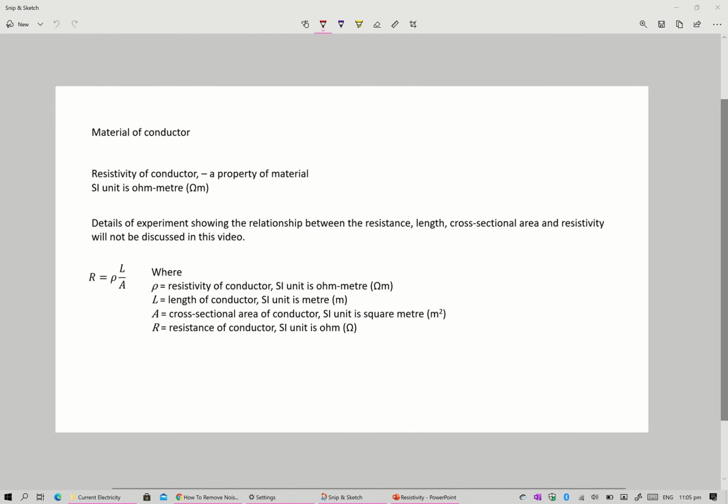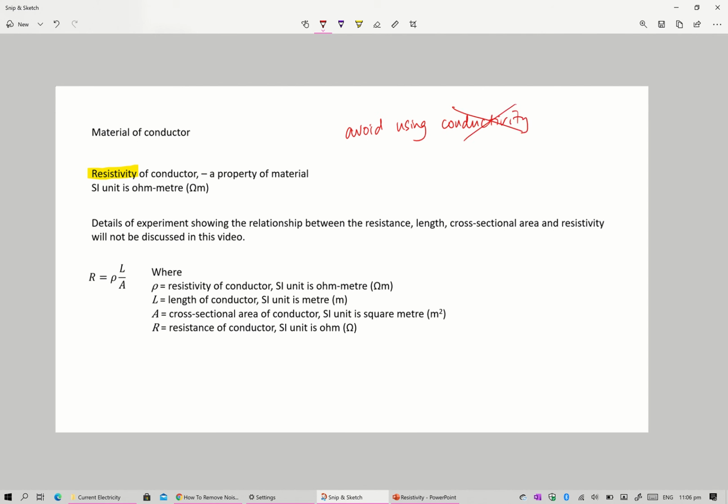And finally, the third factor, the material of the conductor. The material of the conductor, what we refer to here is the resistivity. Over here we learn the word resistivity, and I want to caution everyone to avoid using conductivity.